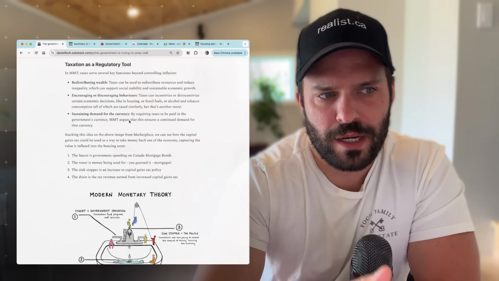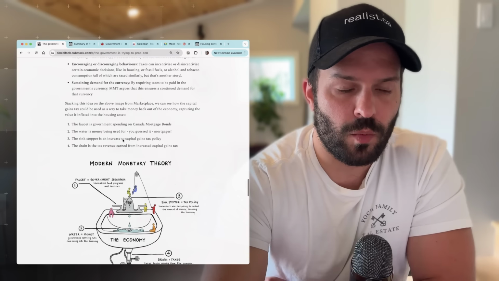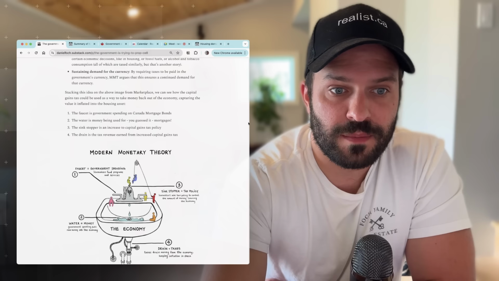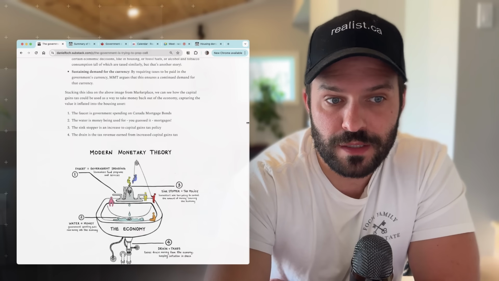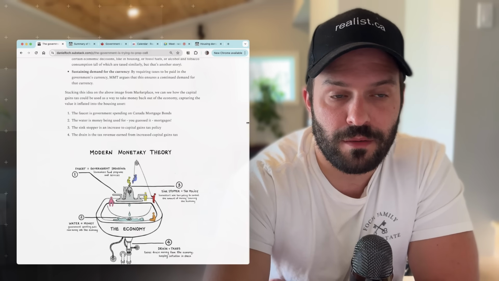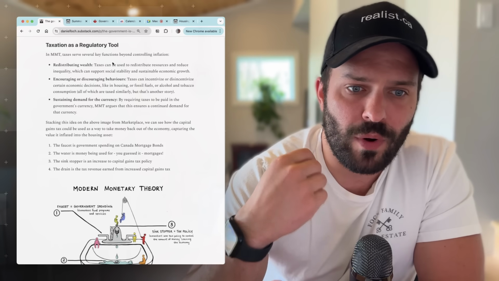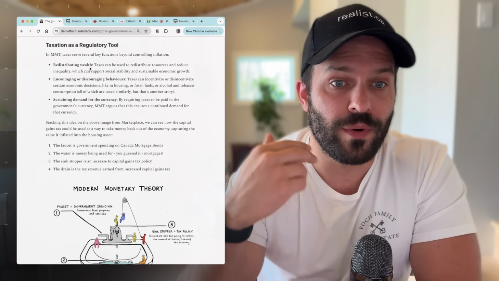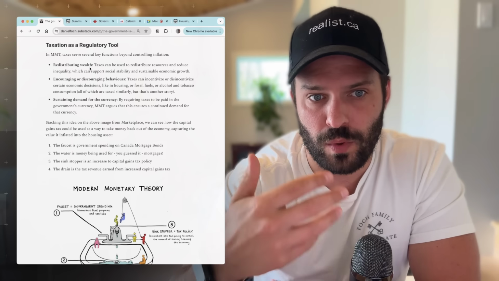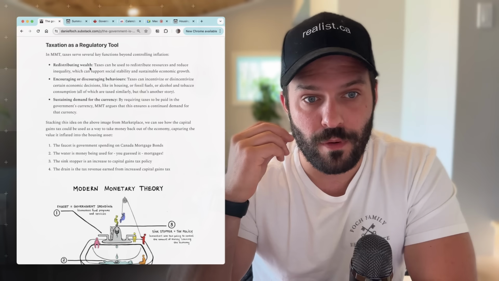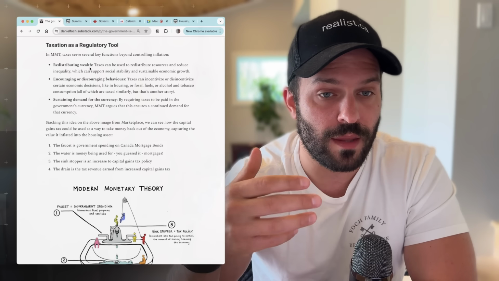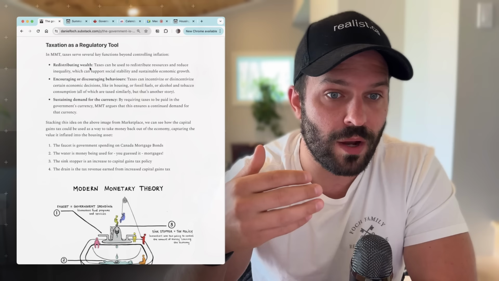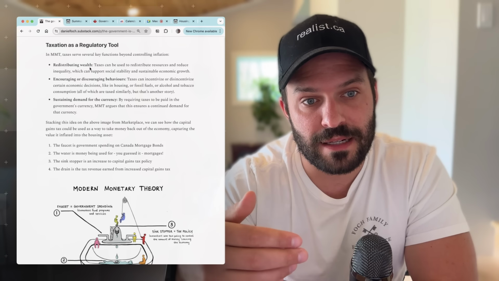The next piece that I want to look at is what happens in modern monetary theory when you want to get rid of that inflationary impact of the spending, which obviously is an objective of the government right now. Taxation can be a regulatory tool in modern monetary theory. It can be used to redistribute the wealth, which we know is a clear policy objective from the government of Canada right now, where they've made it clear that they are targeting real estate wealth in this capital gains tax addition to the budget.